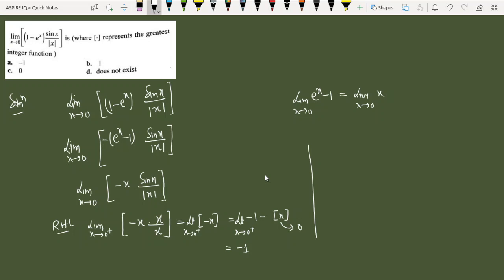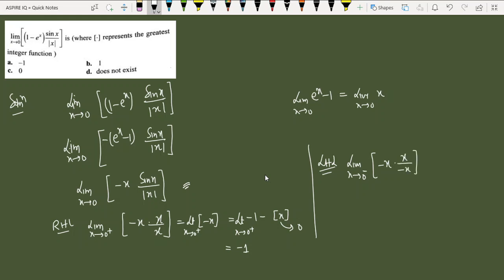Now come to LHL. Limit x tends to 0 minus. 0 minus means we are approaching from the left hand side towards 0. So minus x is minus x, and this is mod x, which will be minus x.